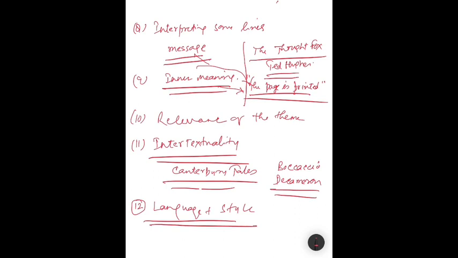You are supposed to describe the language, figurative or non-figurative, used by the poet. You are required to write the style, mood, and tone of the poem. You are also required to write the rhyme scheme and the rhythm of the poem.